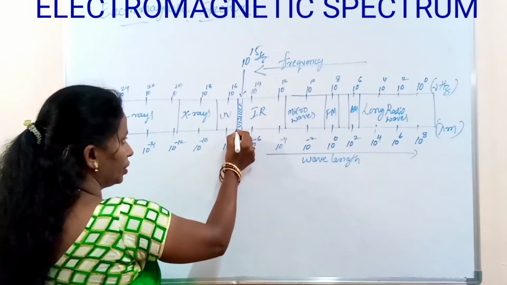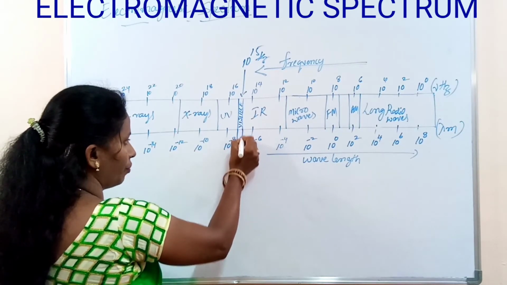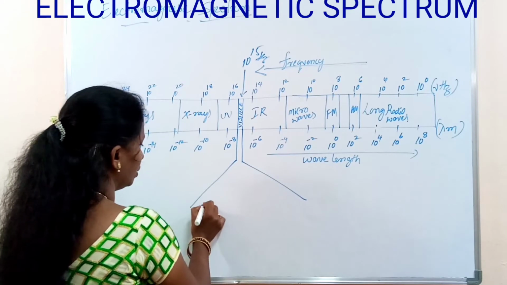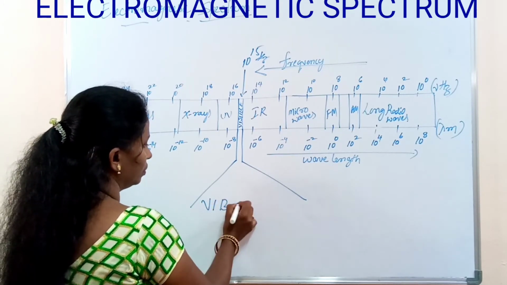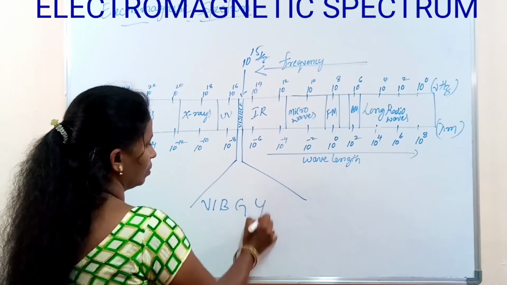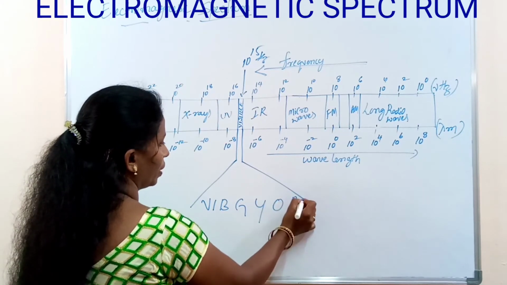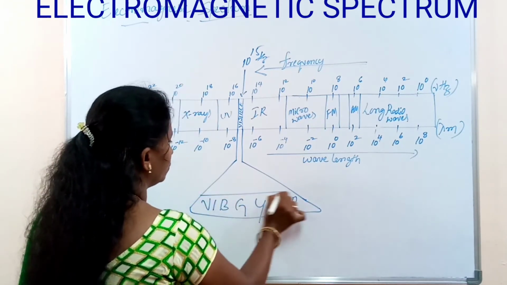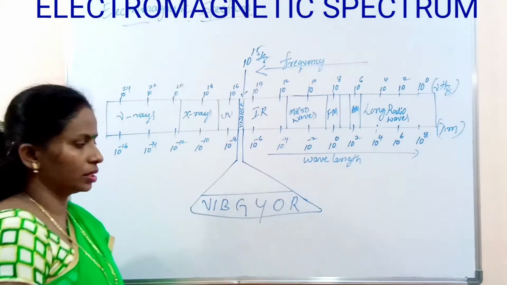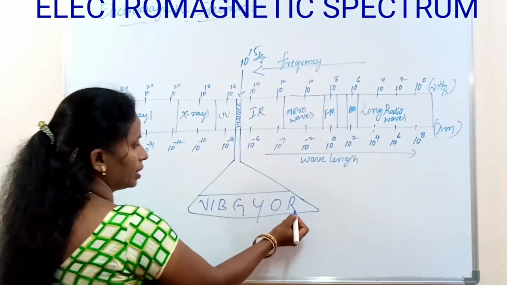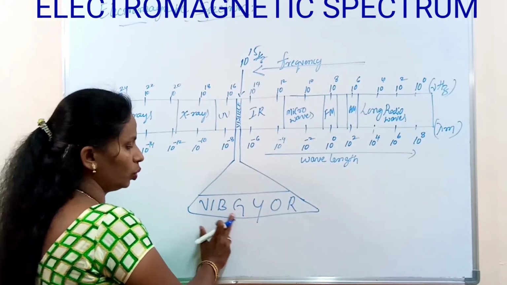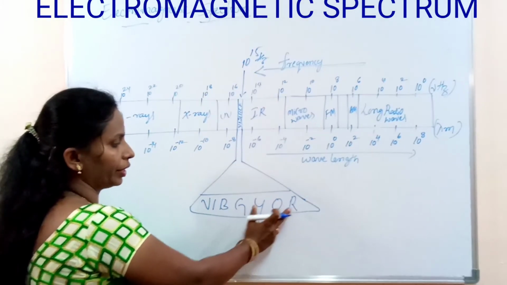These visible radiations are VIBGYR. This will appear around 10 to the power of 15 hertz. Here it is violet, indigo, blue, green, yellow, orange, red.